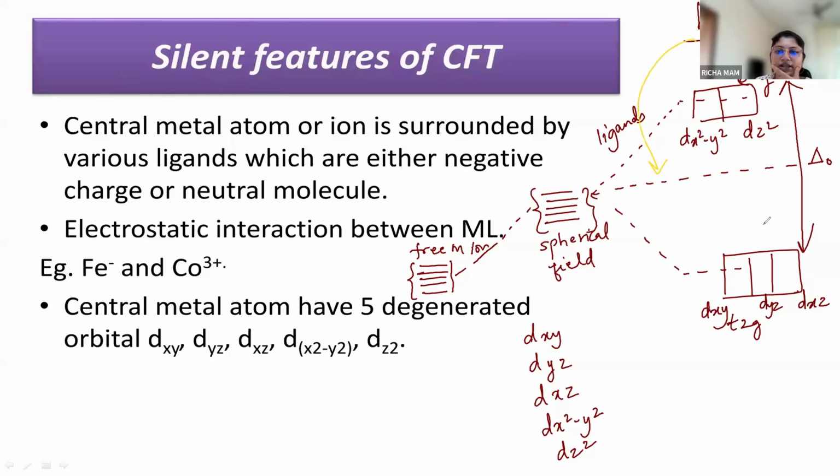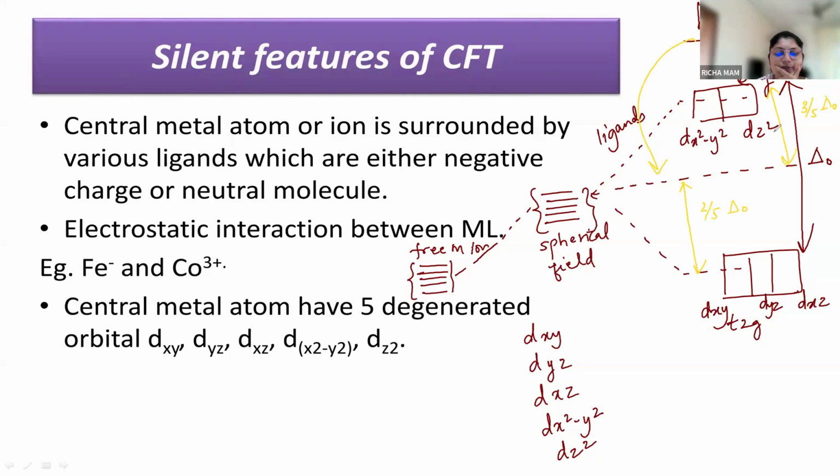Barycenter means how the t2g and eg are separated. So eg is separated from the barycenter by 2 by 5 delta O, and t2g is separated from the barycenter by 3 by 5 delta O. Okay. So this is the representation.